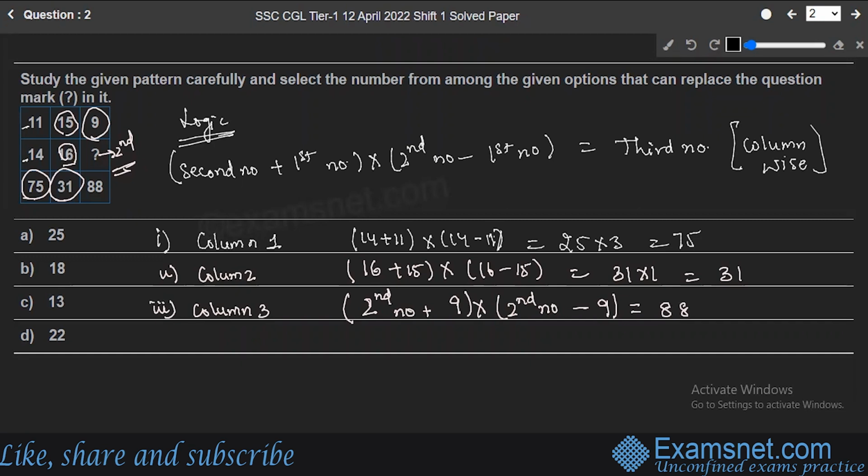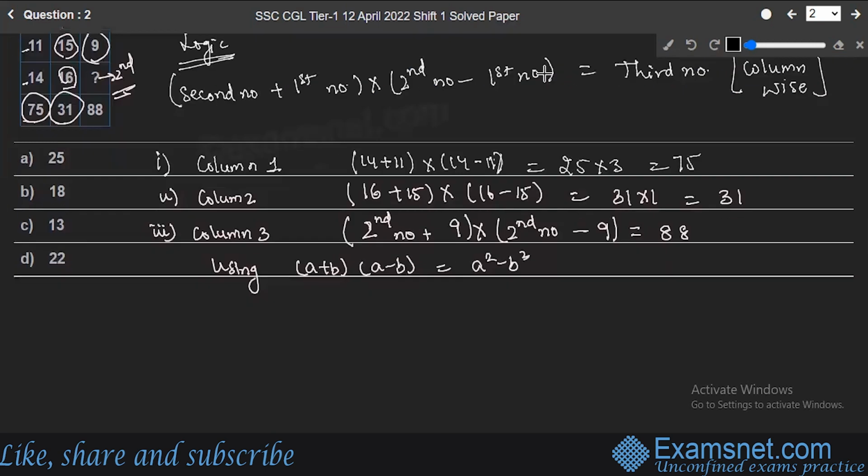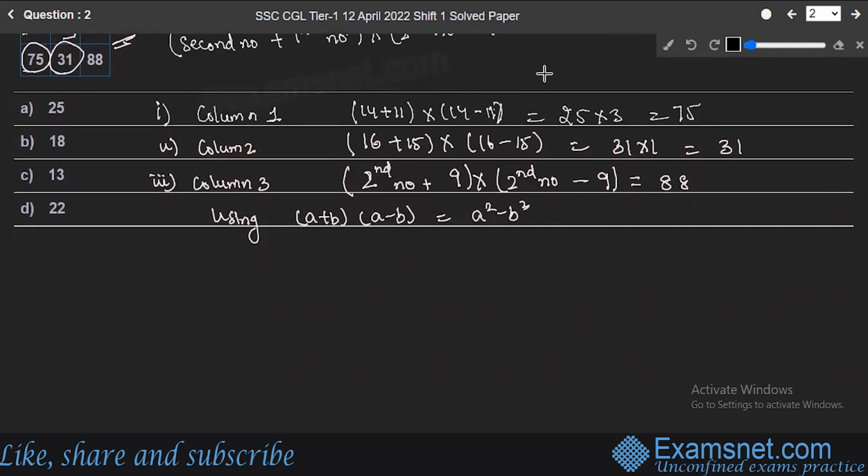So this is (a plus b) into (a minus b). Using the identity (a plus b)(a minus b) equals a square minus b square, the equation becomes second number square minus 9 square is equal to 88.